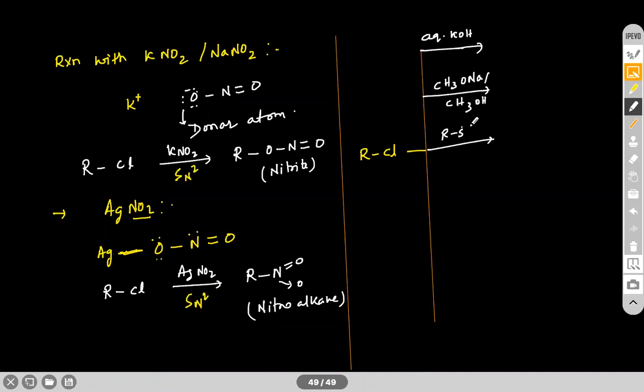We have RS minus Na plus, CH3 minus Li plus.